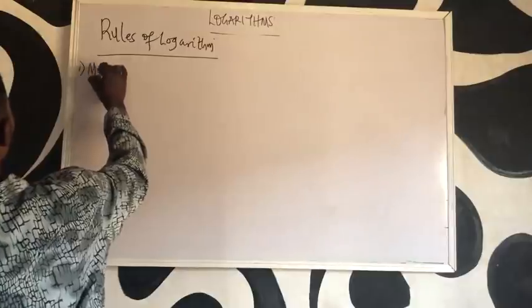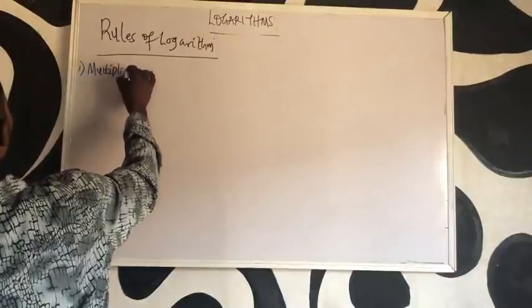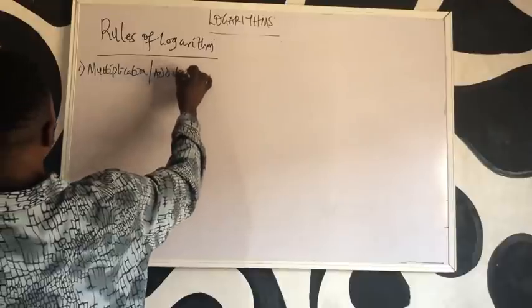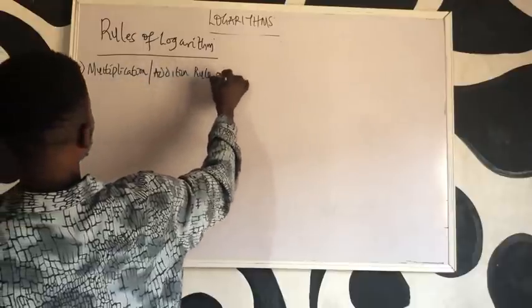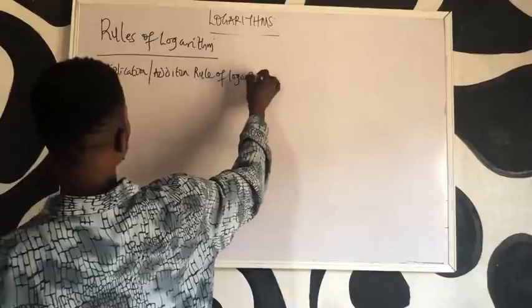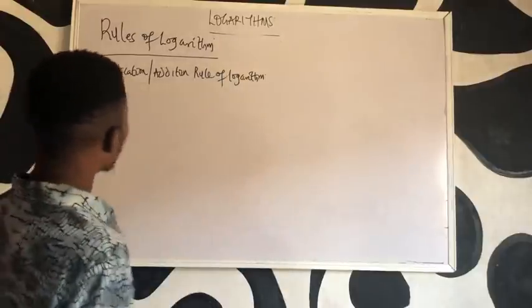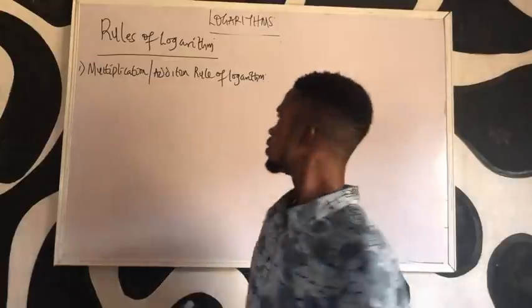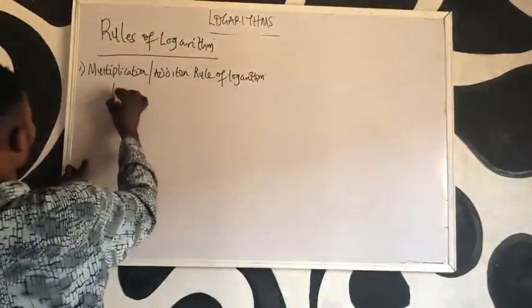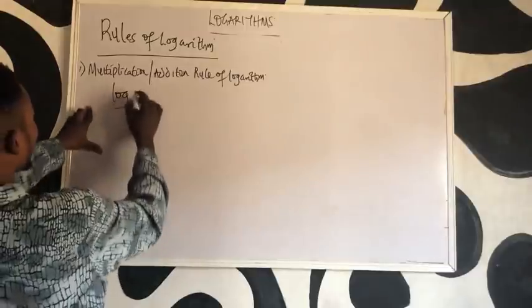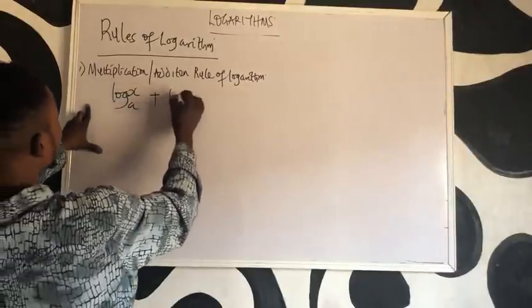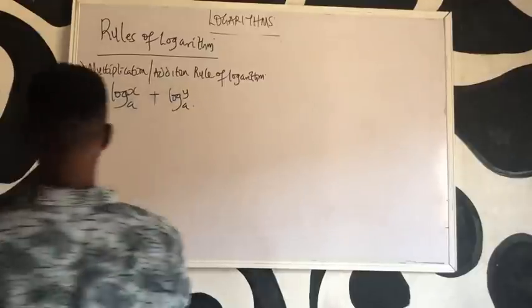We have the multiplication or the addition rule of logarithm. Now, what is the multiplication or addition rule of logarithm? Let's say we have log x base a plus log y base a.